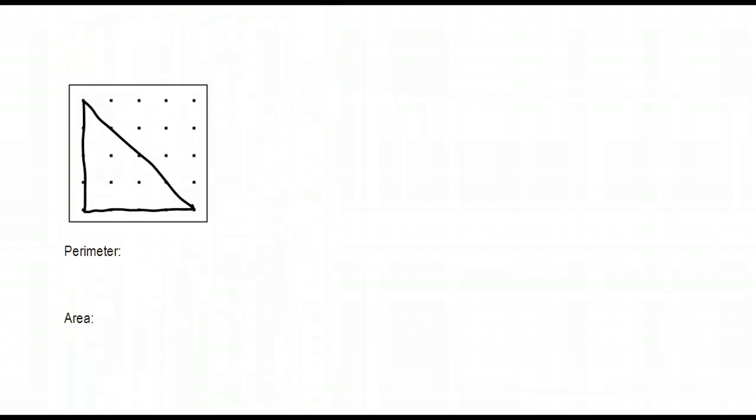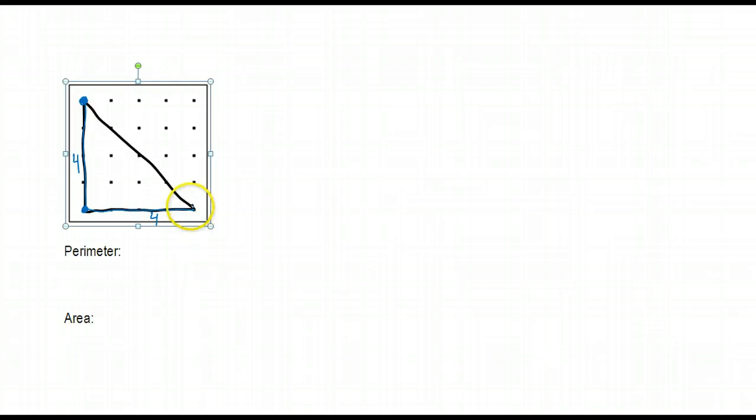In example 2, to find the perimeter, I need to find the length of the line that bounds my figure. So if I start here, 1, 2, 3, 4. 1, 2, 3, 4.